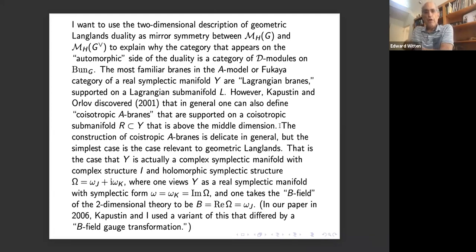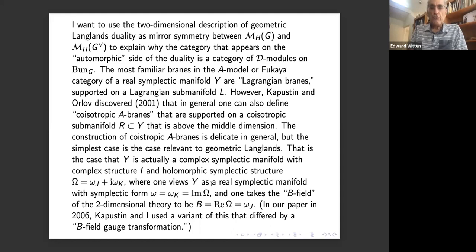That's the case that Y, we study the A model of Y as a real symplectic manifold, but we can make a simple statement if Y is actually a complex symplectic manifold with complex structure I and holomorphic symplectic structure omega. I'll write omega as little omega j plus I times little omega k, as if Y is really hyperkähler, which it will be in our application. But right now I'm telling you something that doesn't depend on that.